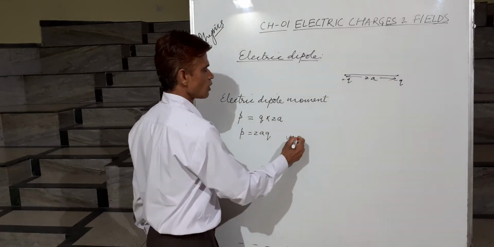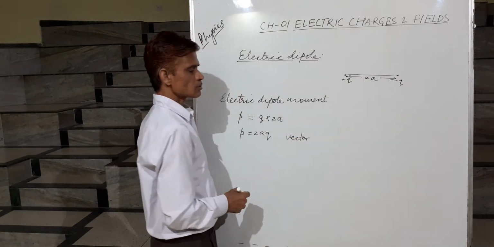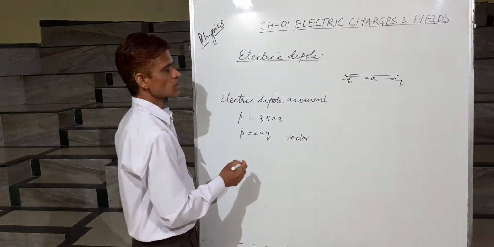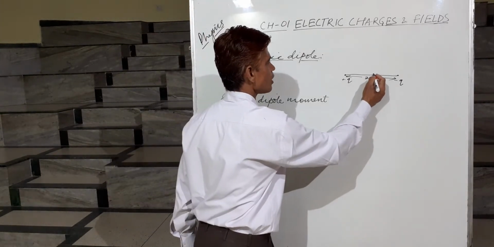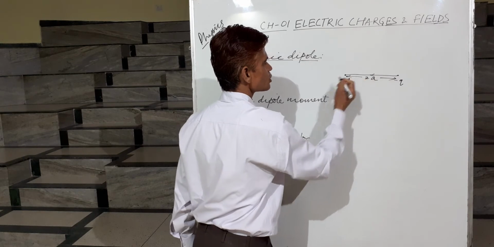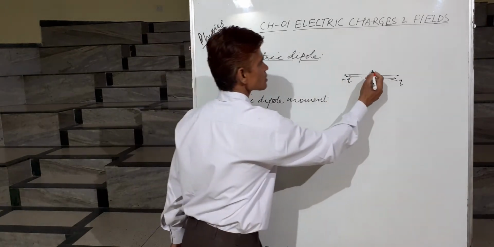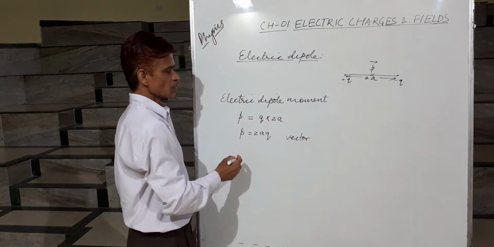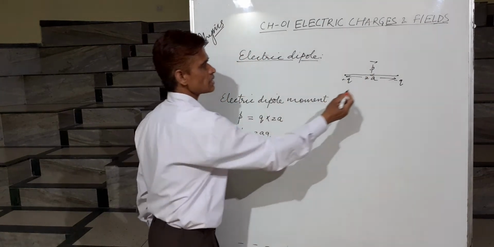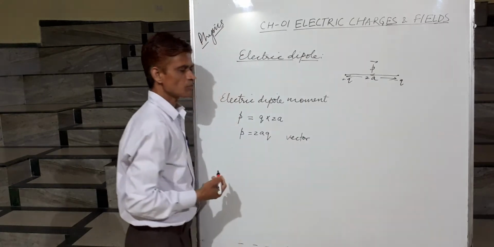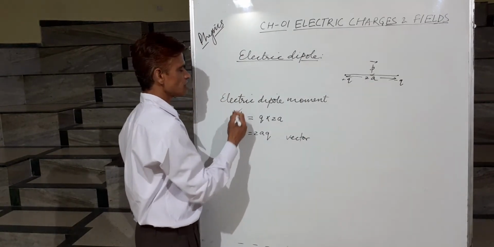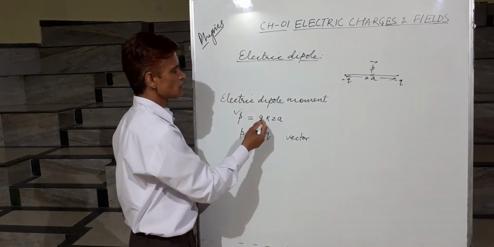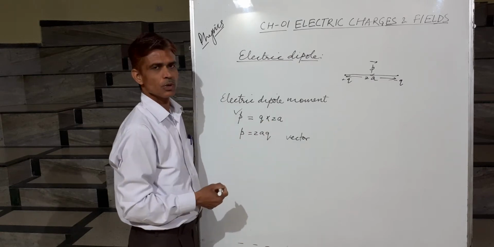Now it is a vector quantity. So it has direction also. What is its direction? Its direction is from negative charge to the positive charge. It is represented by vector p. So its direction is from minus q to plus q, and its magnitude is given by vector p is equal to q into 2a.